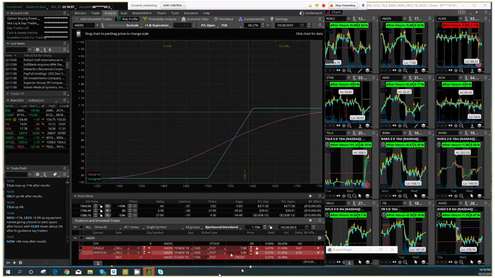So by offsetting and buying a protection put under it, 1,500, you're only able to lose, in this case, $9,500 in this example of a very wide strike put spread.